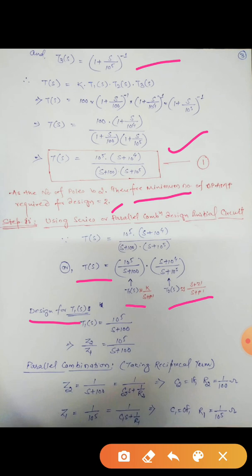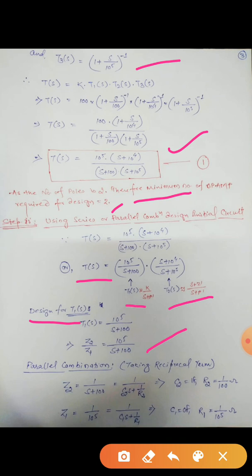So I am also designing the circuit with the inverting terminal of the op amp, and in case of an inverting op amp, the transfer function is Z2 by Z1. So from here, Z2 by Z1 is equal to 10 to the power 5 divided by S plus 100.